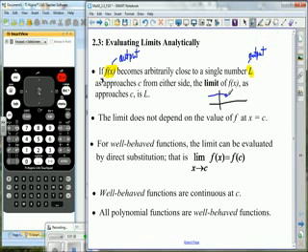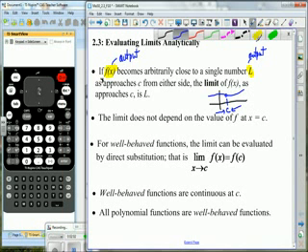As the inputs are approaching this value c, remember when we do a limit, we're talking about from both directions. Even though this point is not included on the graph, we still have a limit to the outputs as the inputs approach this value c.